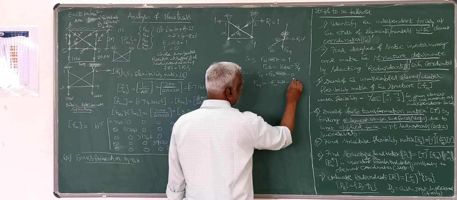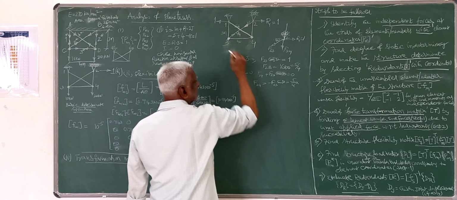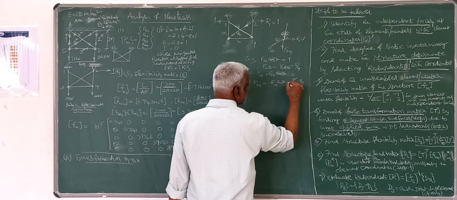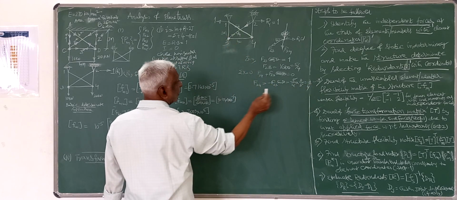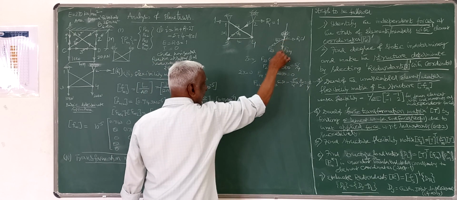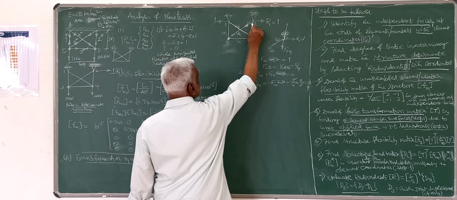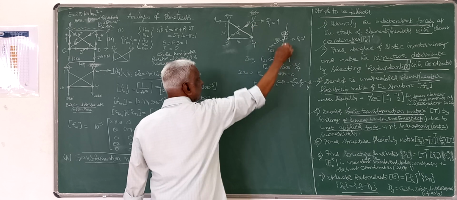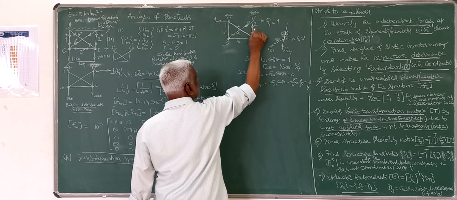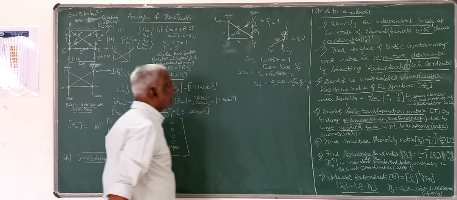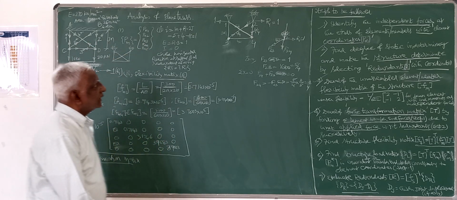F23 is 5 by 4, sin theta is 3 by 5, so you will get minus 3 by 4. Whenever I get a minus, the direction I have taken, the arrow moving away from the joint, should be reversed. The arrow should be moving towards the joint. So this force is 3 by 4, in compression, not in tension. So I have a negative sign, 3 by 4.